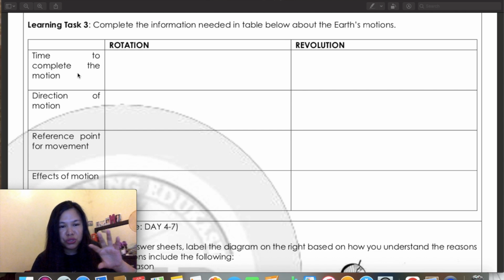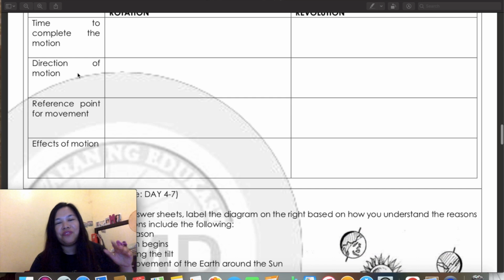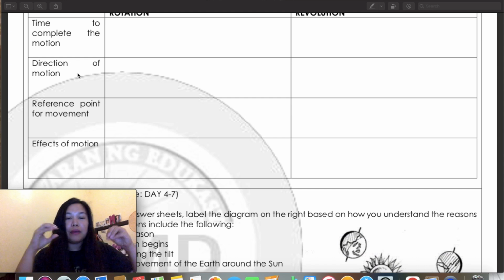Yung ikot niya or something galaw-galaw, ganan. And the reference point for motion, and effect of the motion. Kapag ano ang epekto niya kapag gumagalaw ang Earth and umiikot din siya sa Sun.